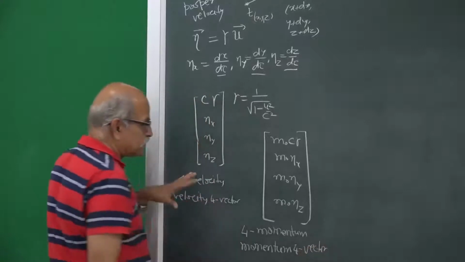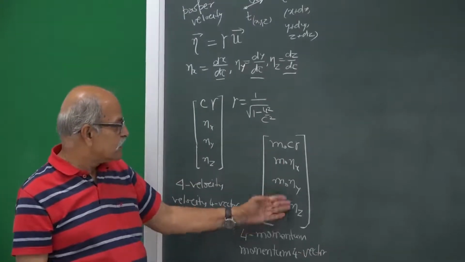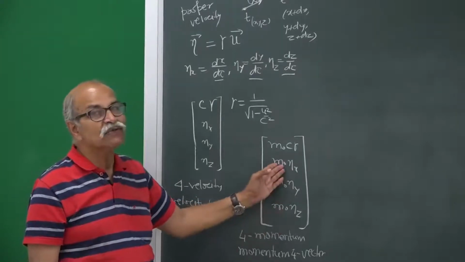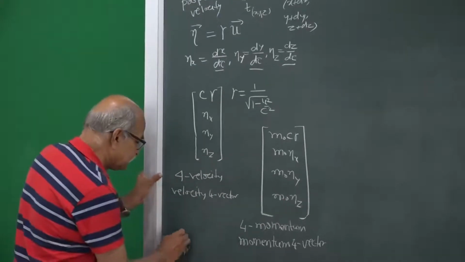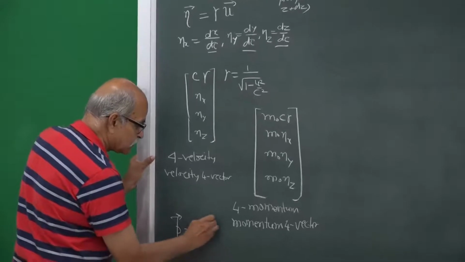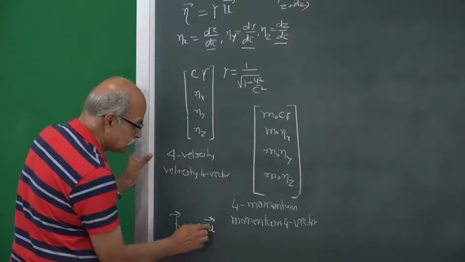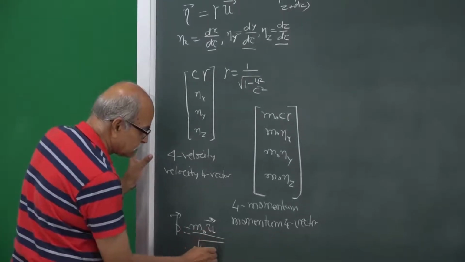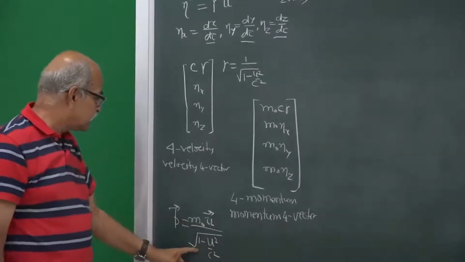This we discussed in the previous class, and then we said that these 3 quantities are just the x, y, z components of linear momentum, because linear momentum is defined as mass of the particle times velocity of the particle. If you write the particle velocity as u, then u divided by square root of 1 minus u square by c square, that is in fact gamma times u.